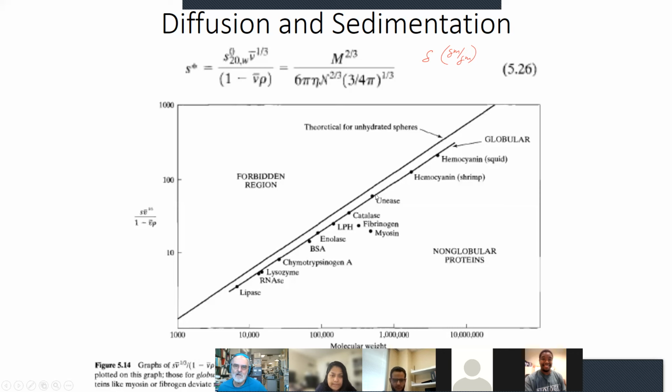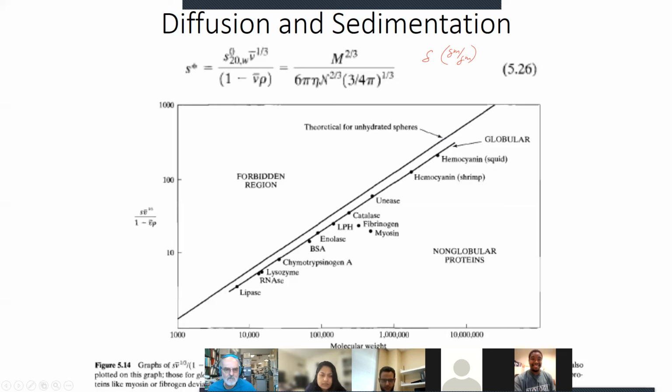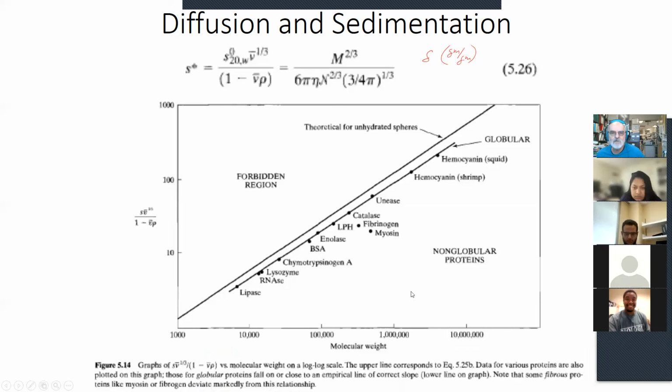It's not a linear correction, but there's some kind of correction for hydration. So all of these molecules fall on a line that's offset by some amount. I don't think they talk about the offset. The offset essentially talks about the amount of water that's bound, and they fall on a line that's off the line by a little bit.